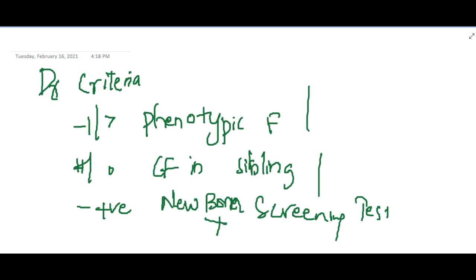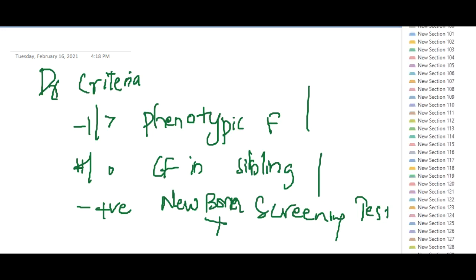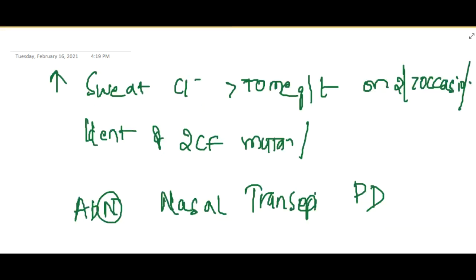So for the diagnostic criteria, there should be either one or more phenotypic features, or a history of cystic fibrosis in a sibling, or a positive newborn screening test. Among these 3, one should be positive.